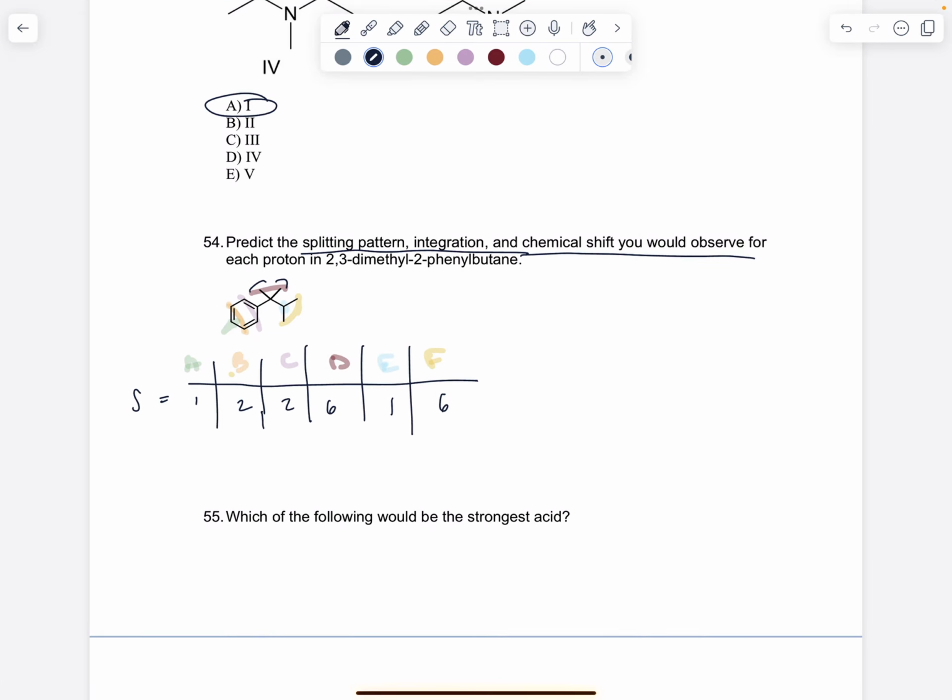All right, as far as their chemical shift, the alkanes are going to be, it's not perfectly accurate, but they'll be in the 1 to 2 range. If they're off of an alkene, or off of the aromatic ring, I think they will shift up to the left of that.